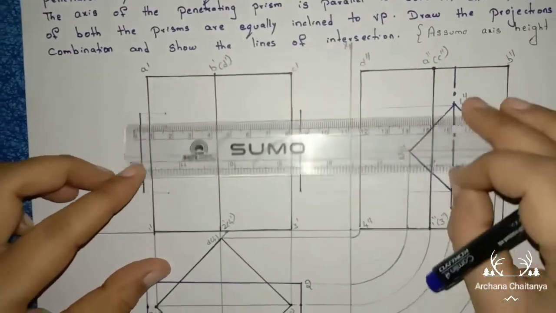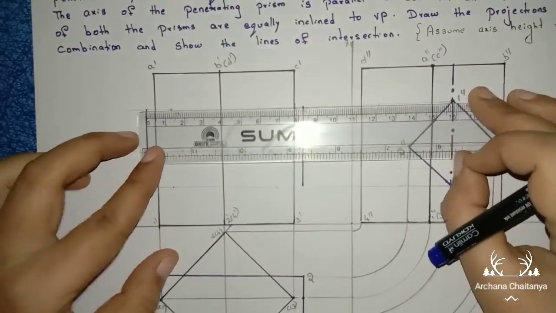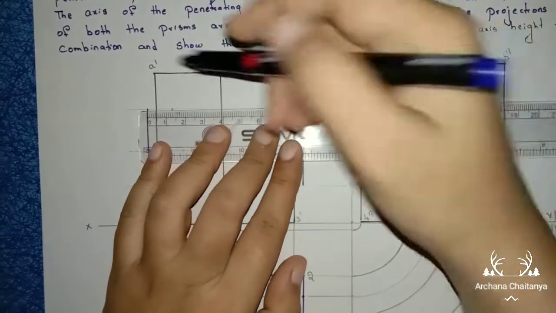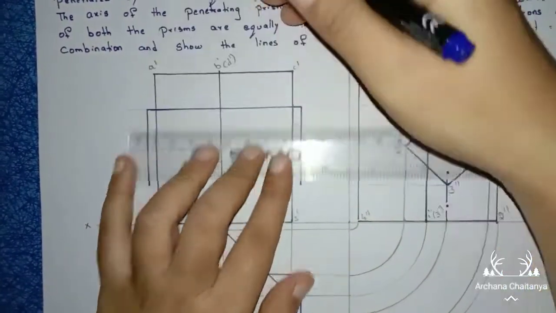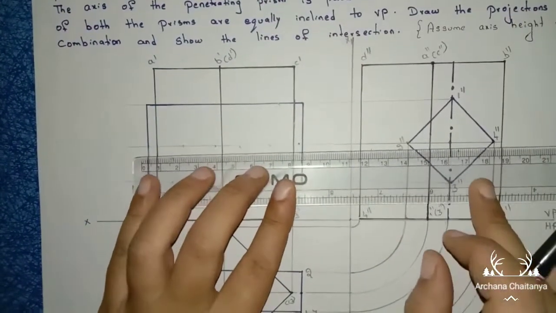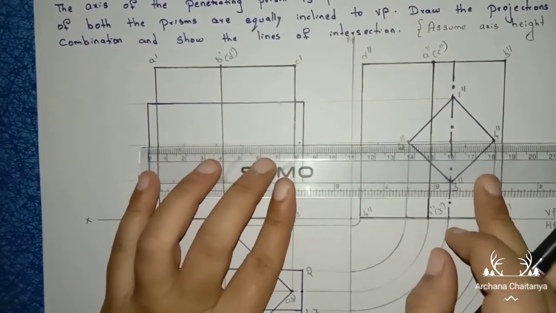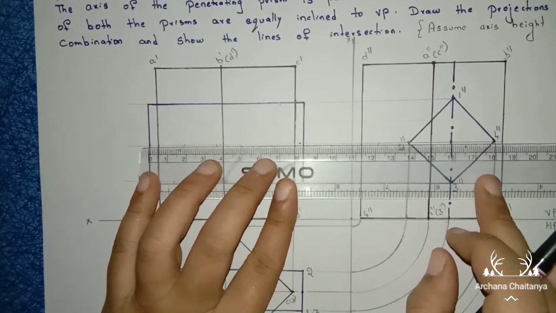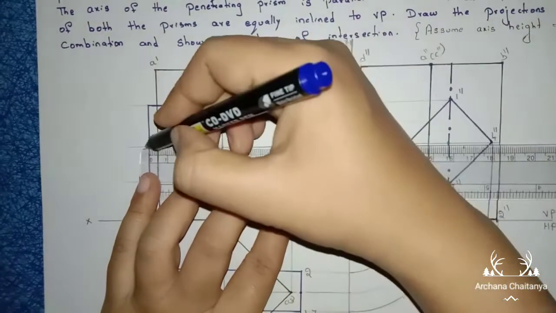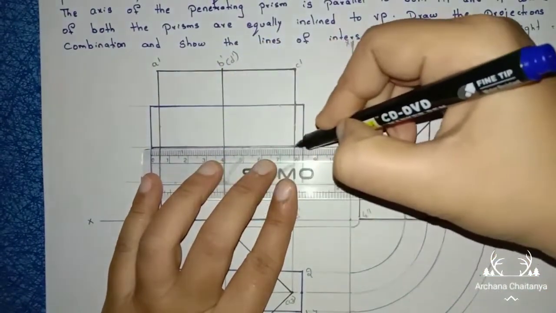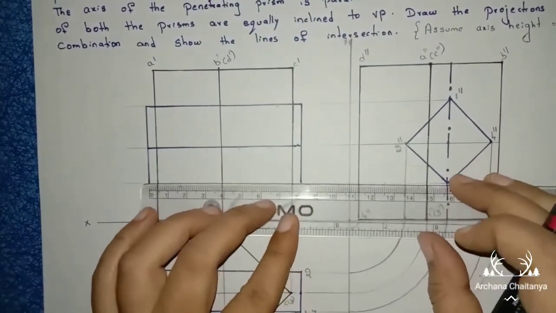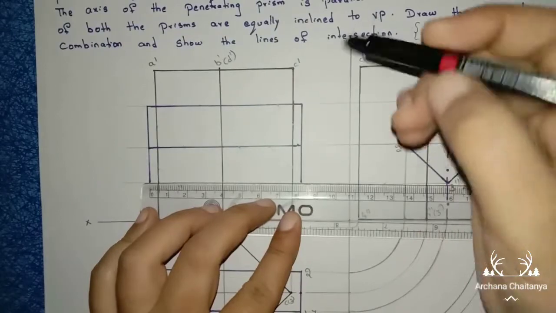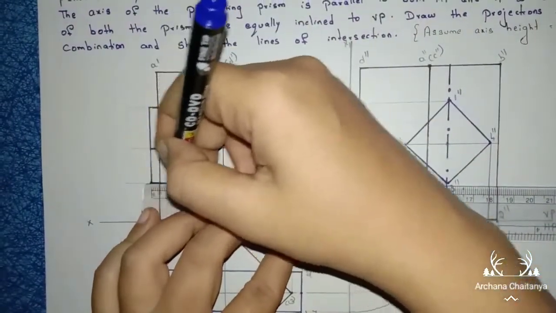Now join this one, 1 double dash, and here 2 double dash of 4 double dash, and again here 3 double dash.